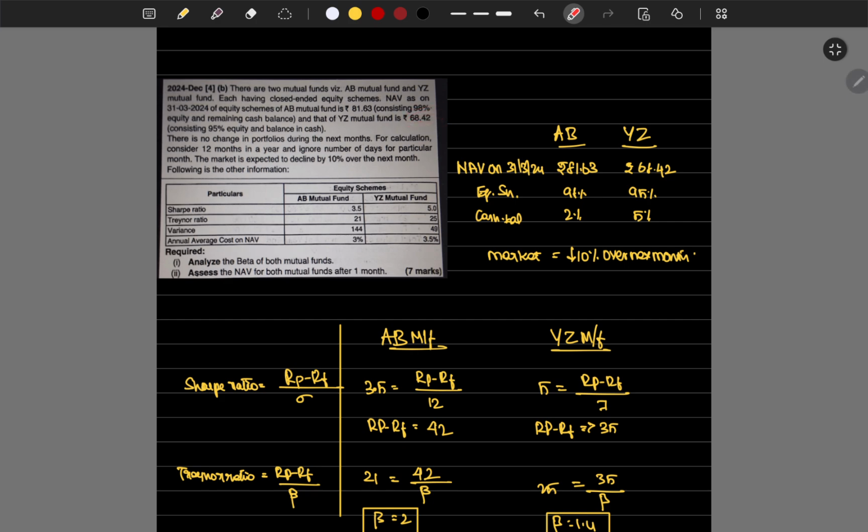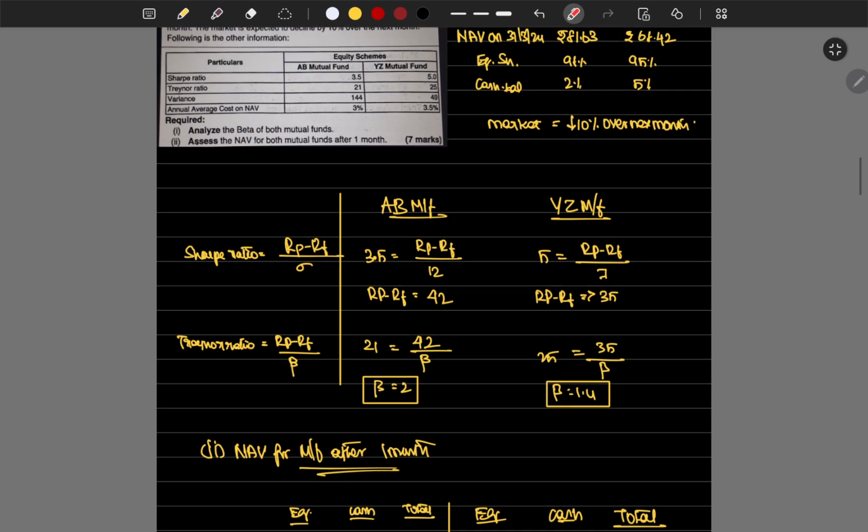YZ mutual fund is 68.42, 95% equity, balance in cash. All this I have populated here. In the next month, the market is going to fall, and they have given the data to find the beta. So for beta, only this much information has been given.